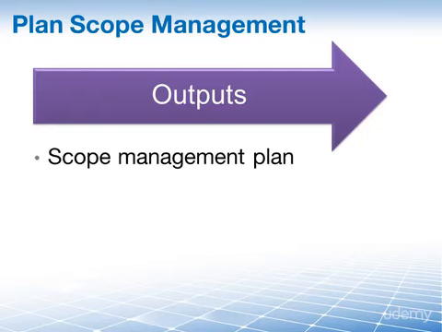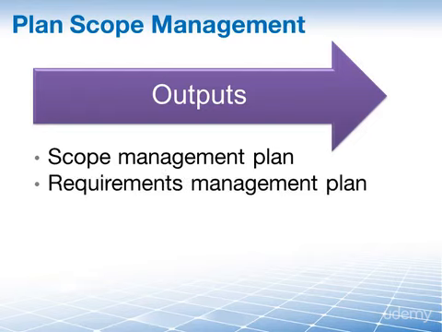The scope management plan is going to become a subsidiary plan of the project management plan, and it describes how we will define, develop, monitor, control, and verify our scope. The requirements management plan will also become a subsidiary plan of the project management plan. It describes how we will analyze, document, and manage requirements. It looks at the relationship between components to ensure that each relationship presents the best possible outcome.